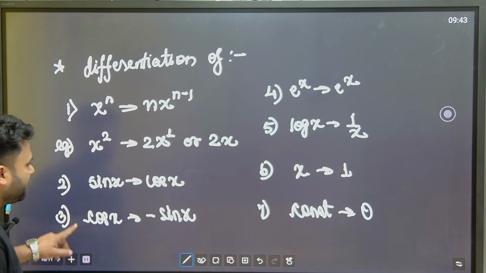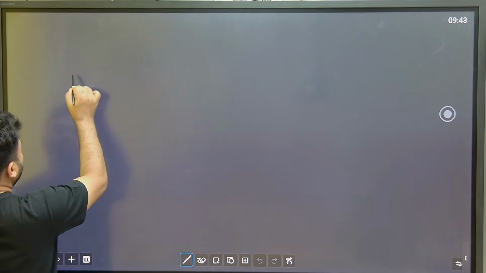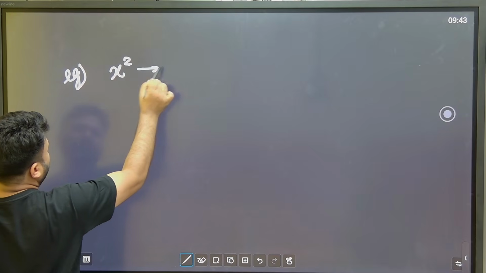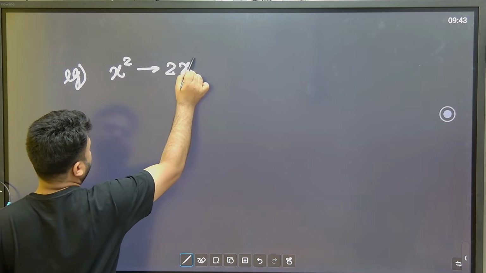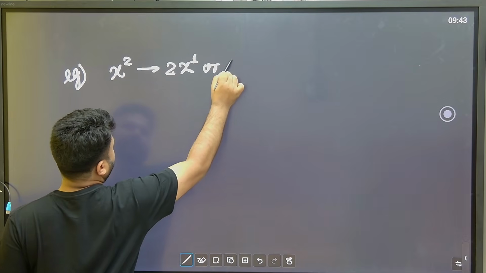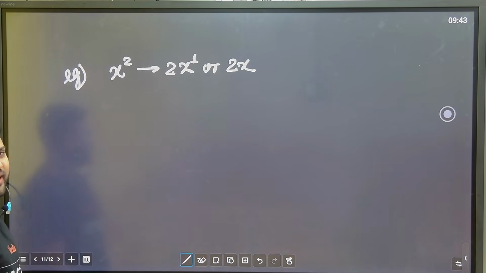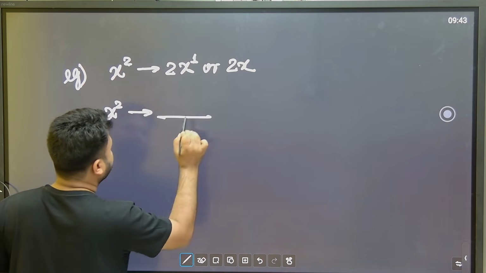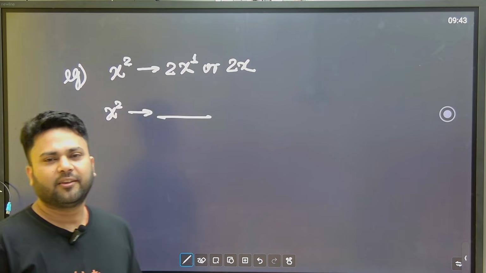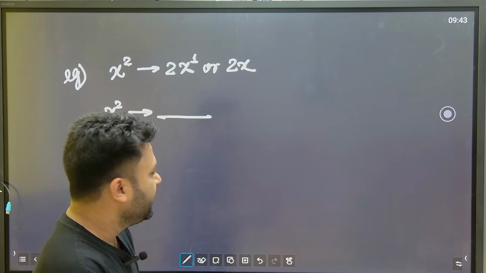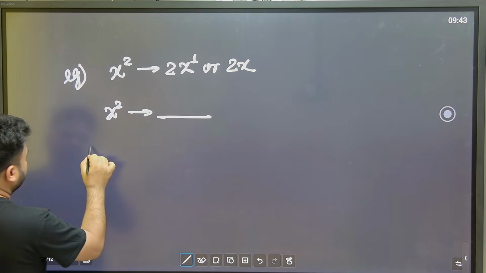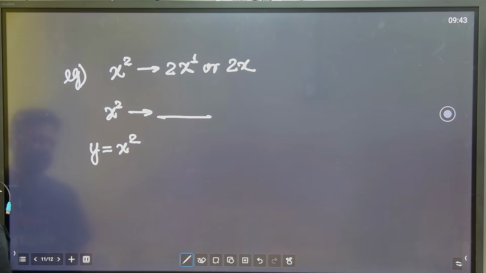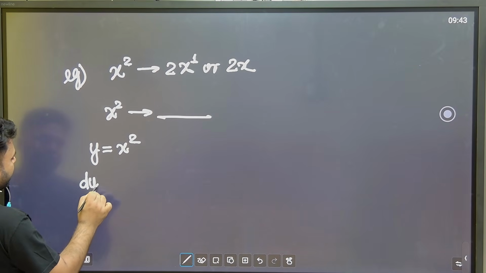See, first of all, what I told, that x square differentiation, first you write power, then variable, power minus 1, that is 2x. Now in the exam they don't give like this, that x square differentiation, fill in the blanks. It is not like this. Okay? So they give like this, if y is equals to x square, see the pattern, then find dy by dx.